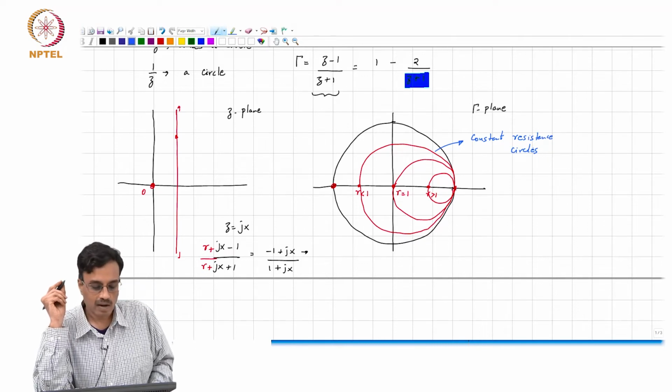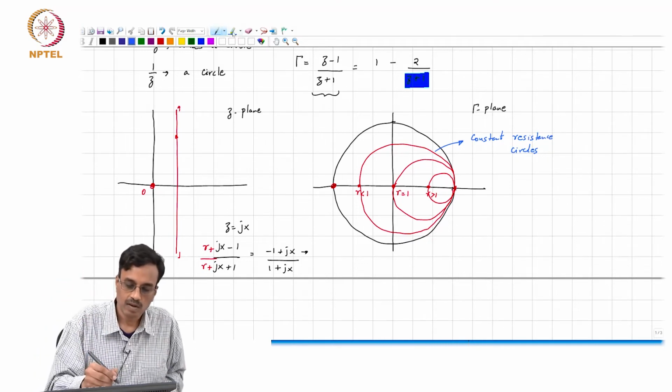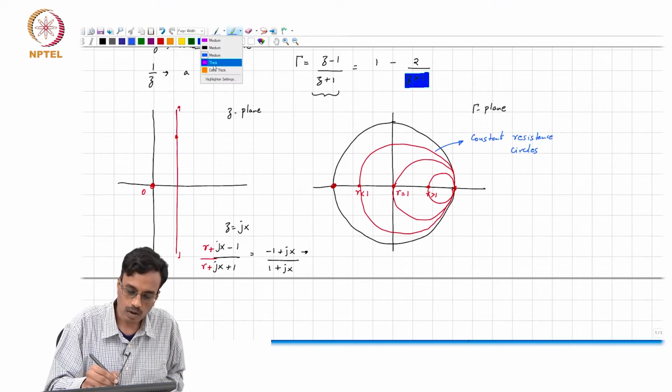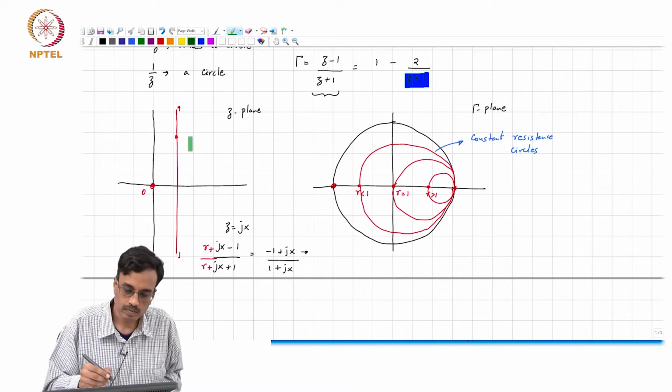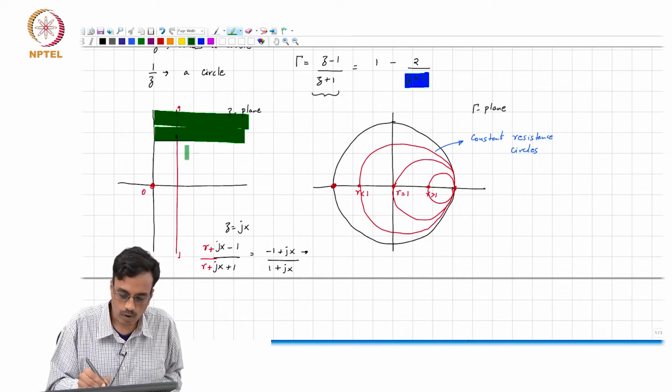The next thing is, what comment can you make about this entire space?